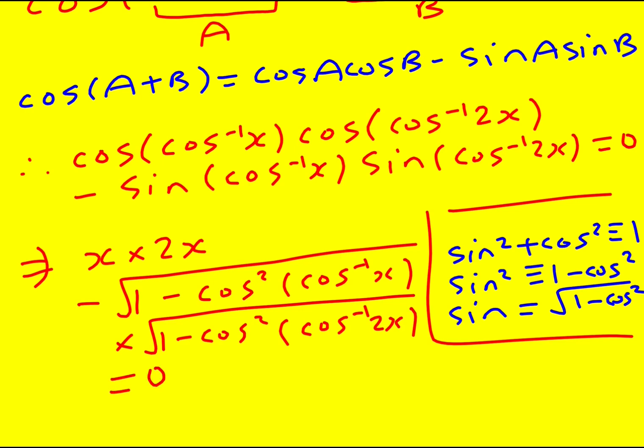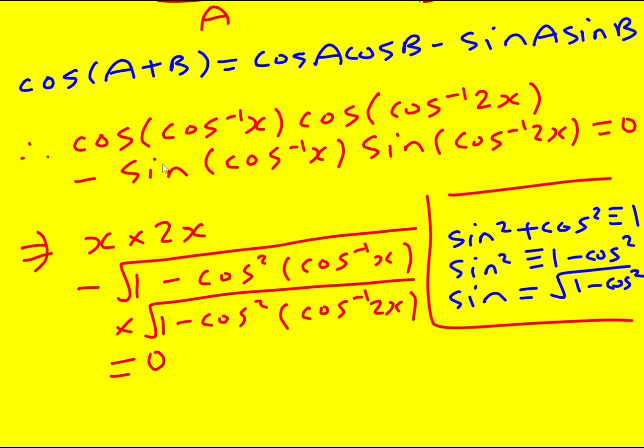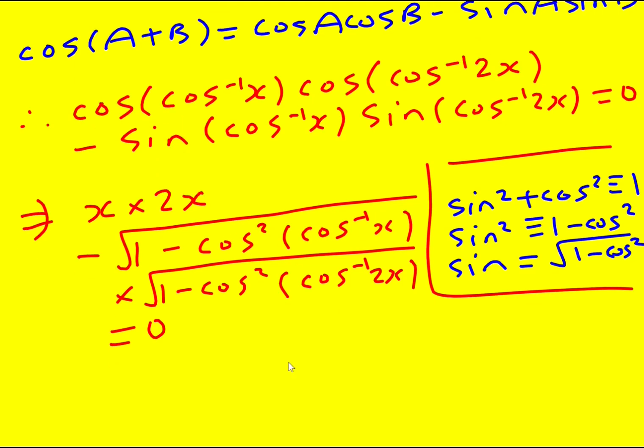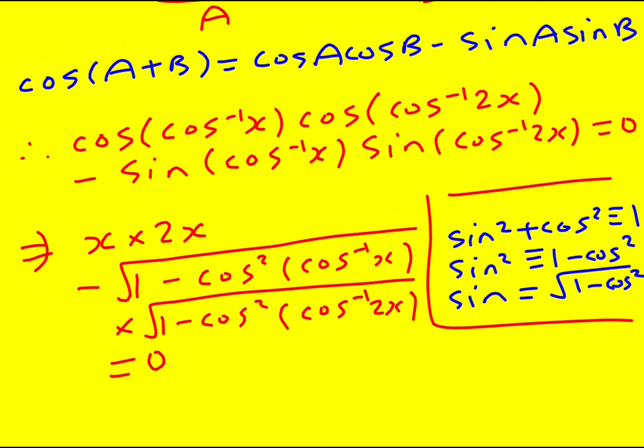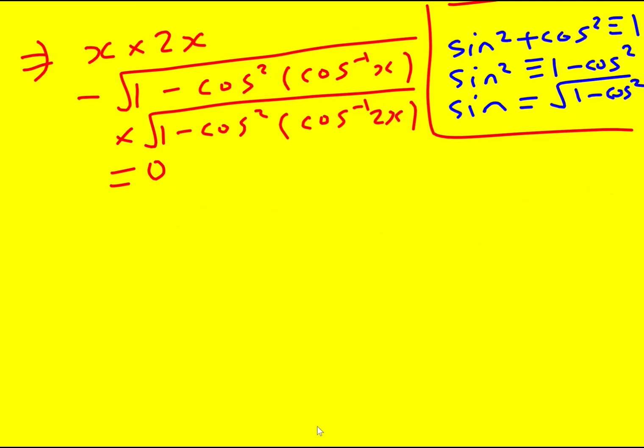And remember, this equals 0. So all I've done is replaced sine by the square root of 1 minus cos squared, but I'm now finding cos squared of inverse cos. That's why this is actually a good idea.